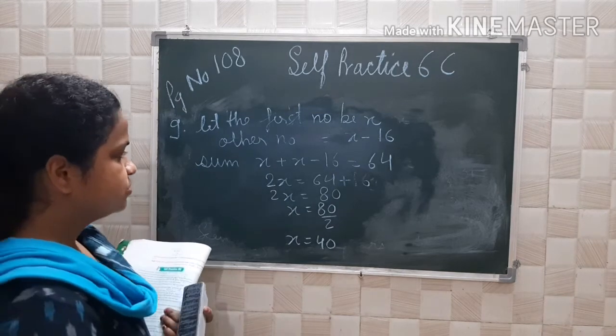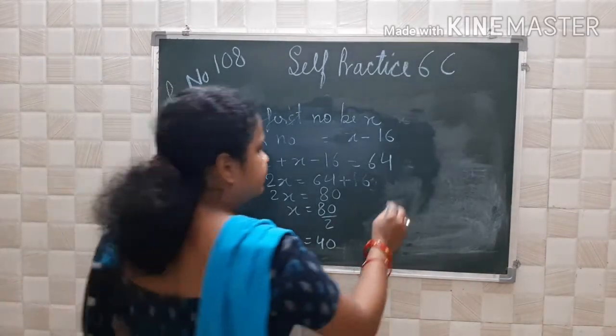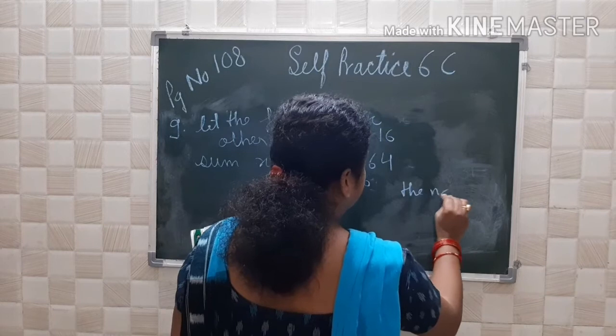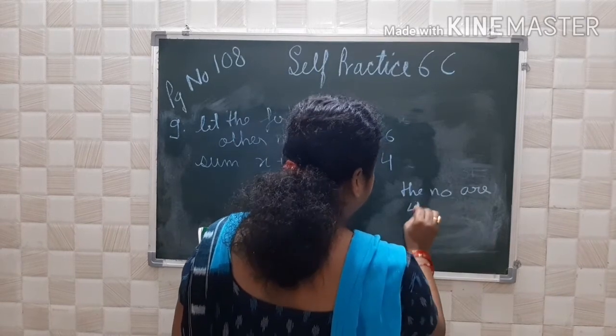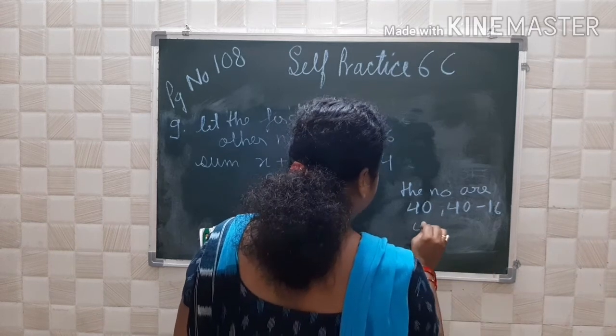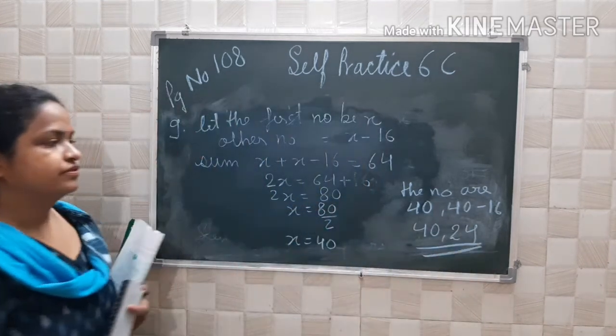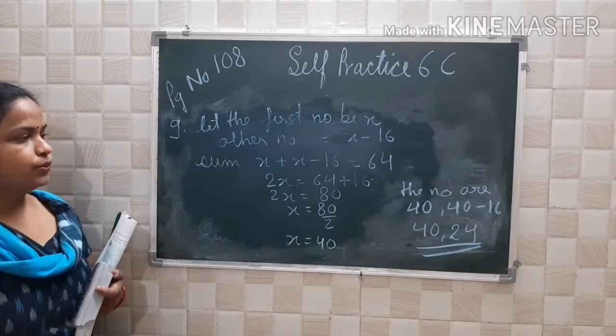So x is equal to 40 you got. Now the numbers are 40 and 40 minus 16, so that is 40 and 24. These two are the numbers which you have to get, 40 and 24.